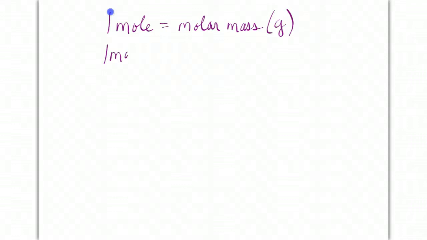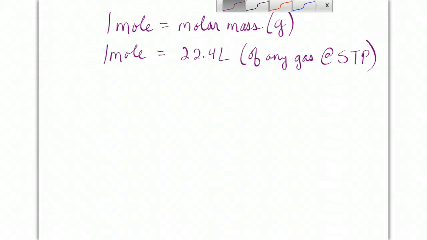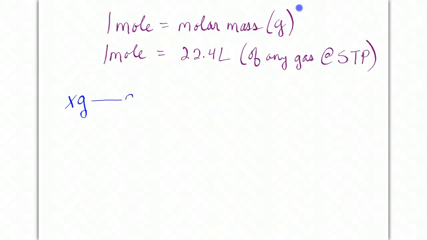1 mole can also equal 22.4 liters of volume of any gas that is at STP. So our map is going to be X gram, which would be milligrams or kilograms. You'll always want to change that to grams.